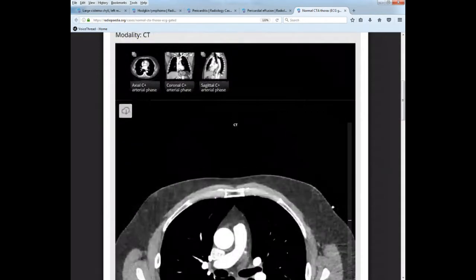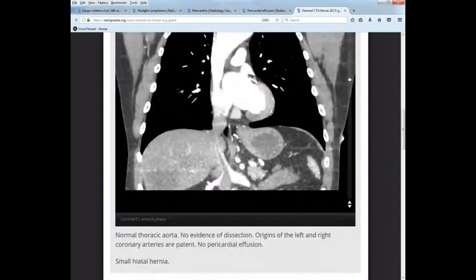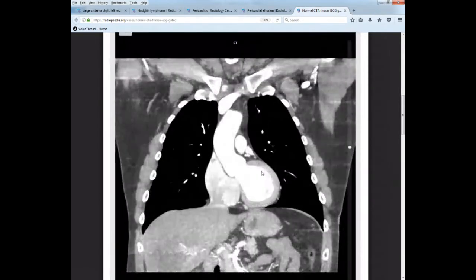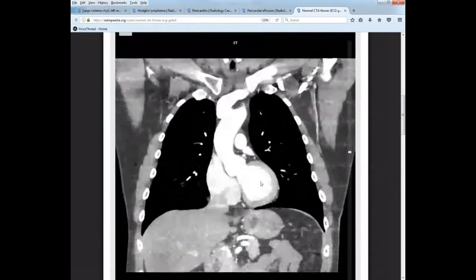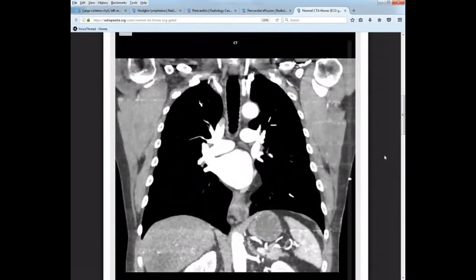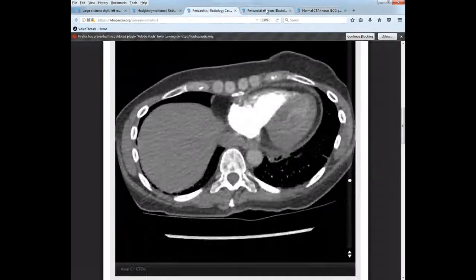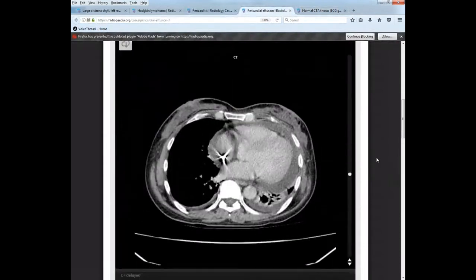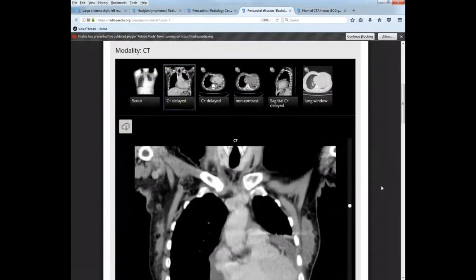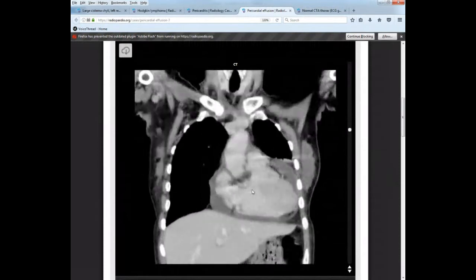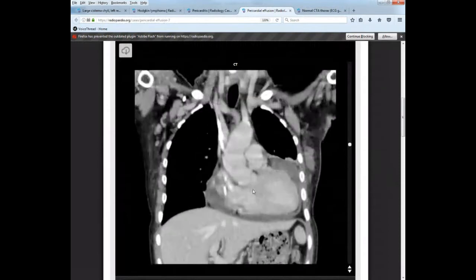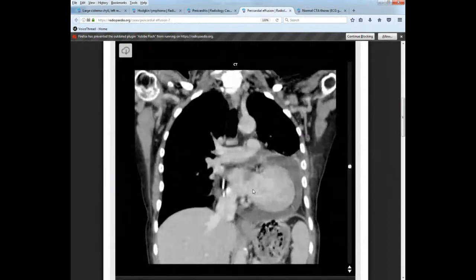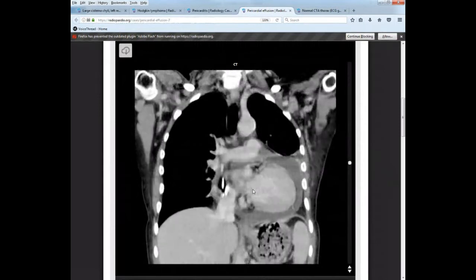Let's see if we can see in a good cross-section the papillary muscles. We might not be able to see them in this contrast study, because the contrast is going to hide it. Let's look at maybe this. Does this have a coronal? Yes. This is kind of a crappy study. It's not very clear. No, can't see it.